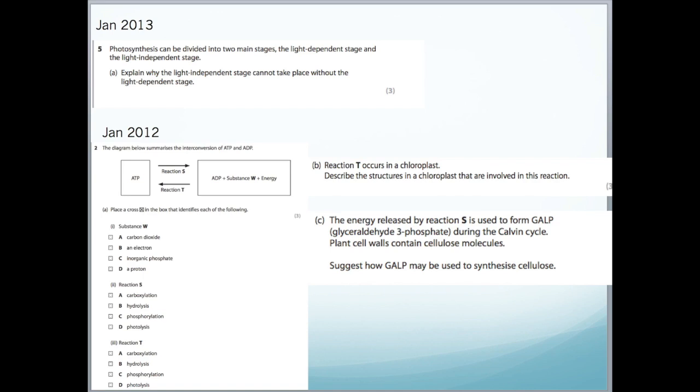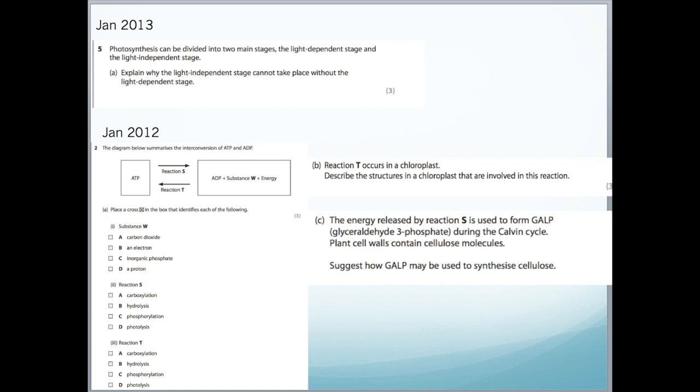The products of the light-dependent stage are reduced NADP and ATP. Reduced NADP is used for reduction of carbon dioxide and GP, and we also use ATP as the energy source for the Calvin cycle. So these are the things we need to mention.